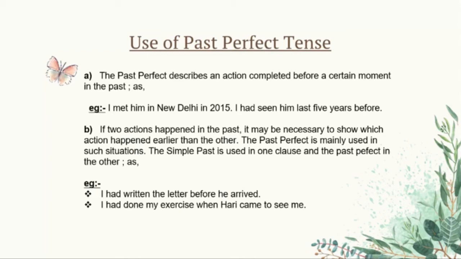For example, I had written the letter before he arrived. I had done my exercise when Hari came to see me. Now, two incidents are there. They are well associated with each other. And we have used past perfect.